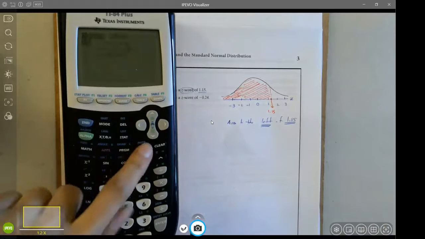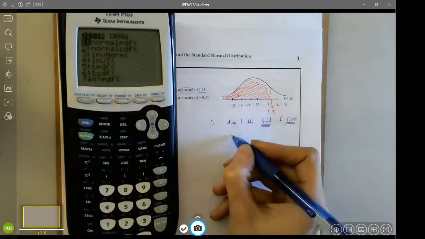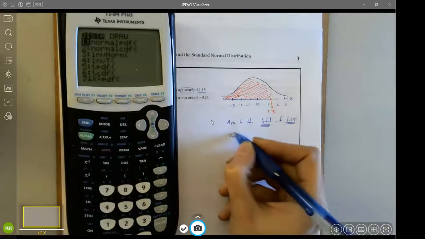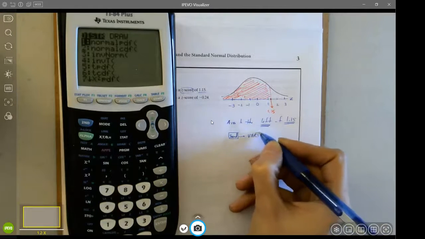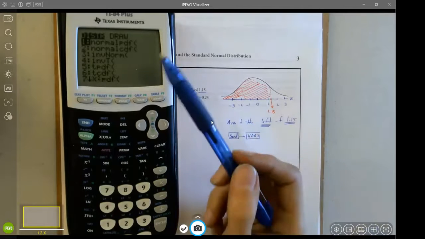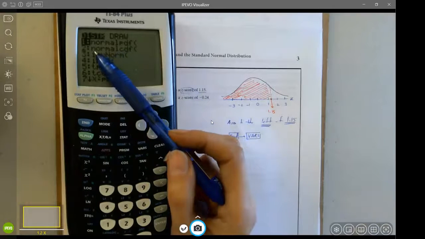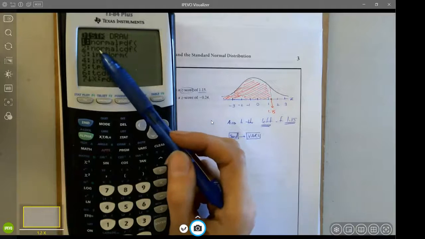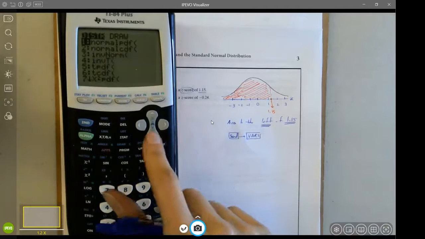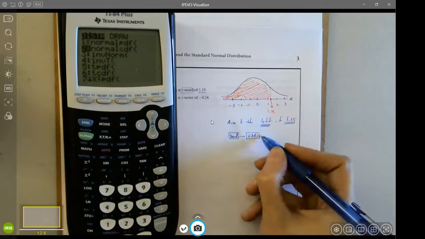Second, vars. Now you need to click on normal CDF. The cumulative area is going to be normal CDF.